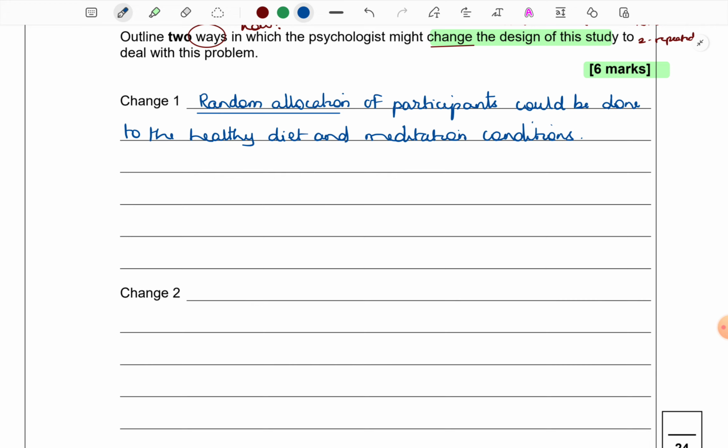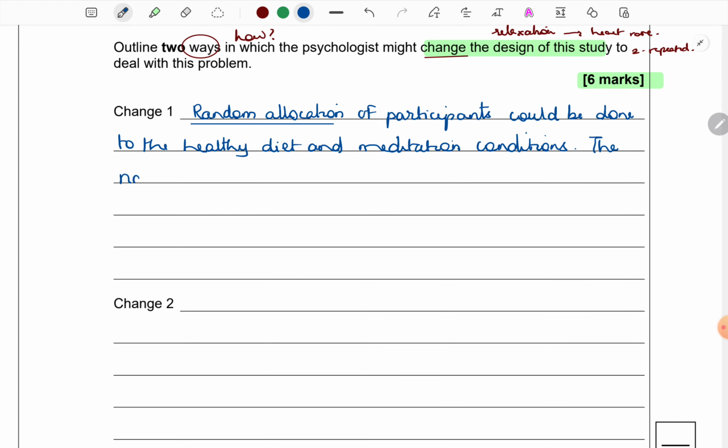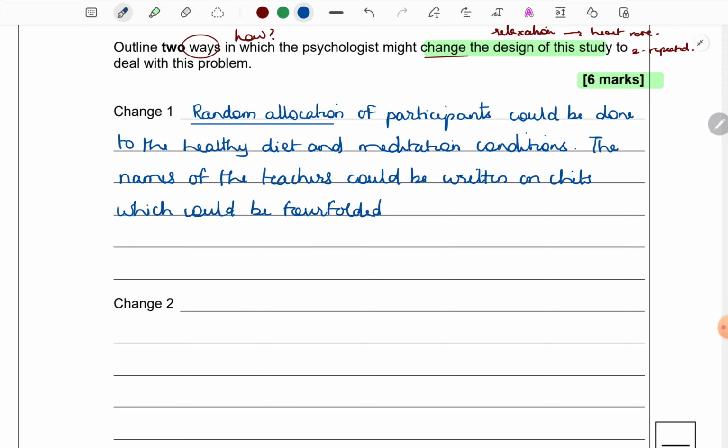So right at the beginning, it is better to give it, and then to explain, we can say the names of the teachers could be written on chits which could be four-folded and placed in a bowl.